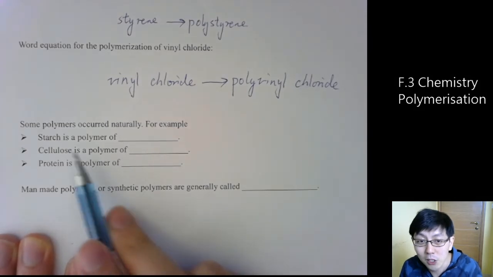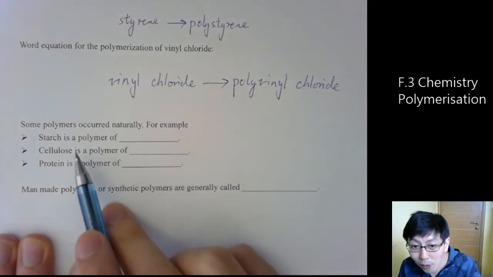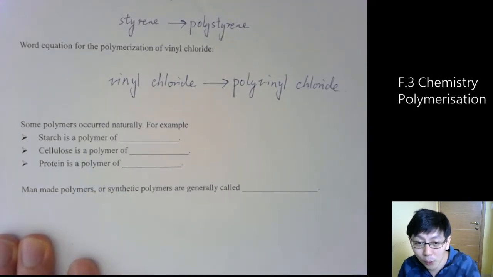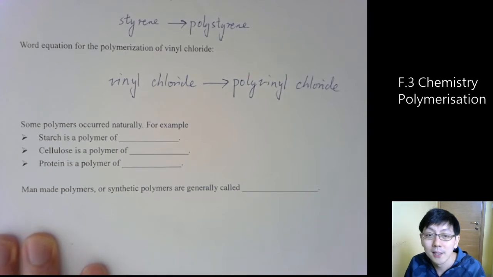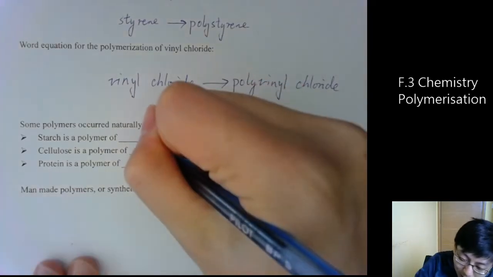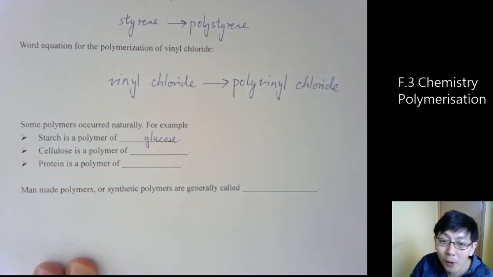You may have heard of them in biology. Starch is actually a polymer of something. Cellulose is also a polymer of something. A protein is also a polymer of something. I don't know if you know. Okay, let me reveal the answers. You can search on Google. Starch is actually a polymer of glucose.